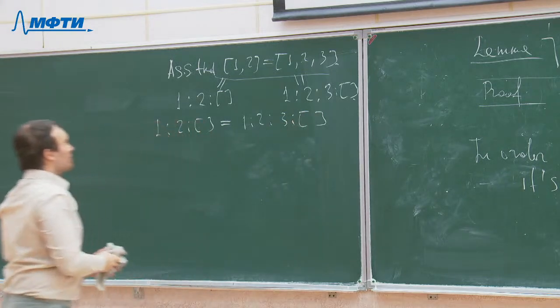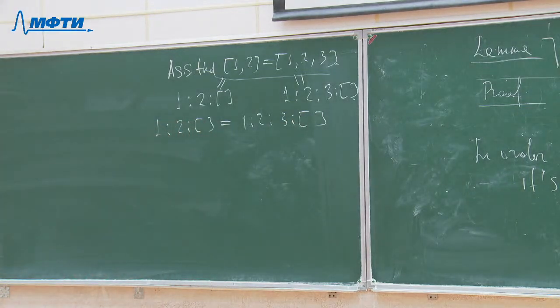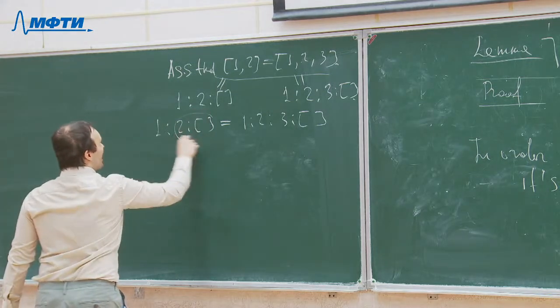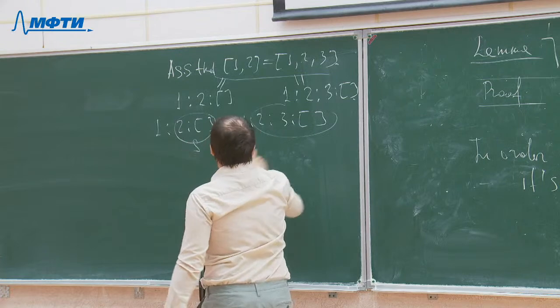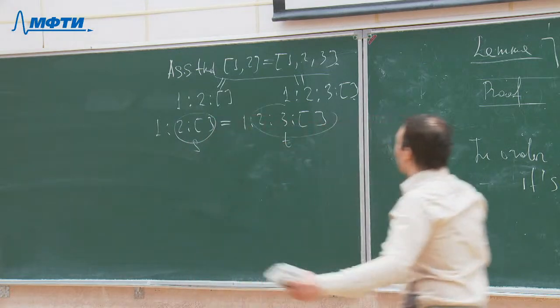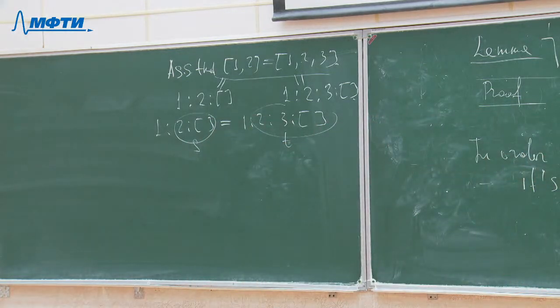We shall finish in a minute. But here we may take this one as S and this one as T. We have two strings which are equal.